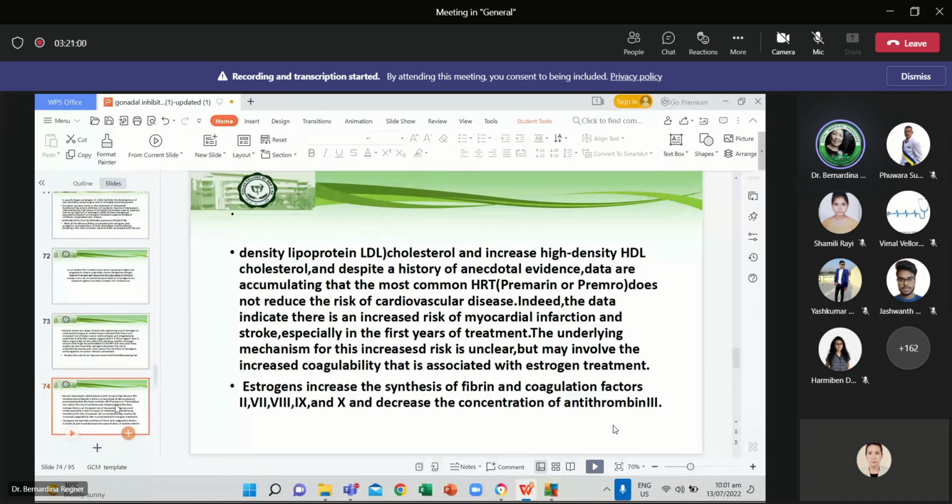These are your prerequisites before going into pharmacology, because we cannot really discuss everything without going back to where we belong. Okay? So estrogens decrease the concentration of antithrombin 3. Review your coagulation factors. Okay? Can I get a yes?